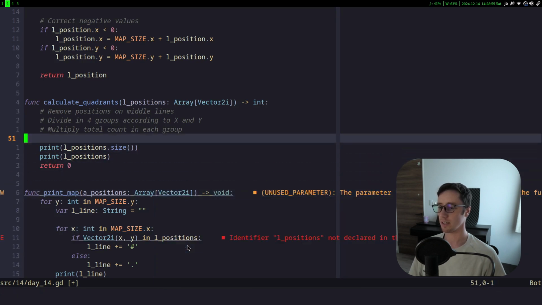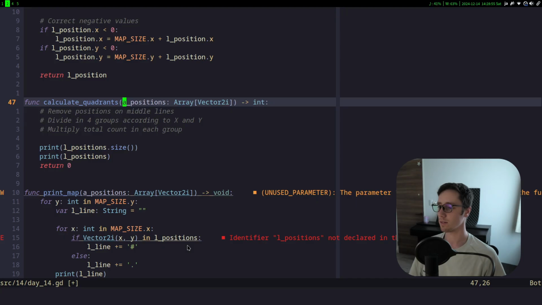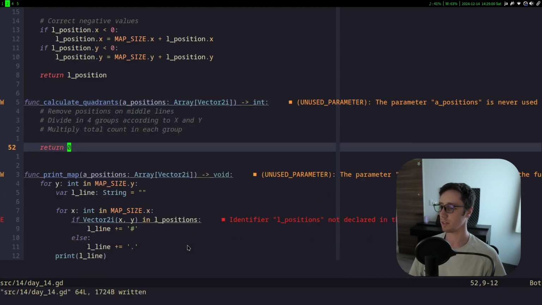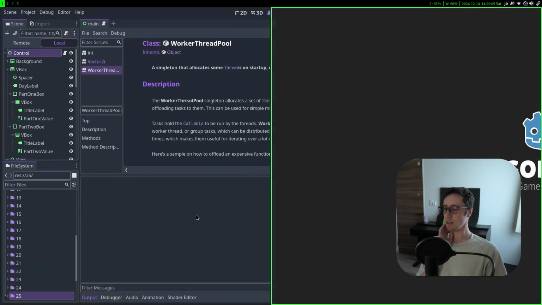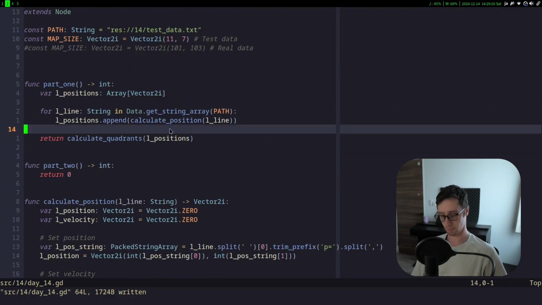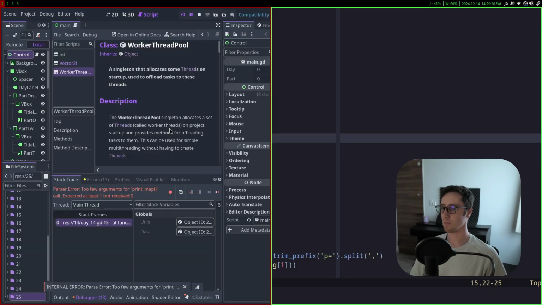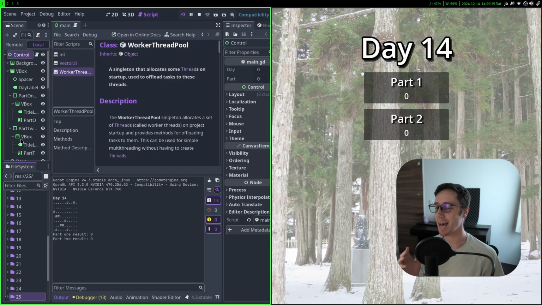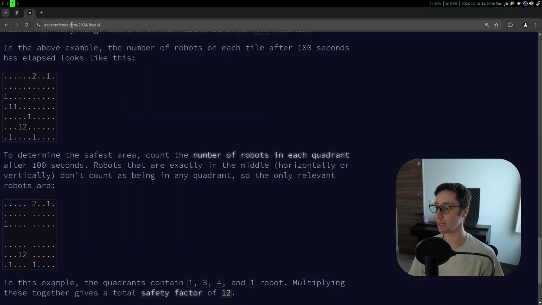Refactor to i, and then here I should probably do this. Let's delete this. And if you run this and print it, we have our map, which is equal to this one. So it's an exact copy.